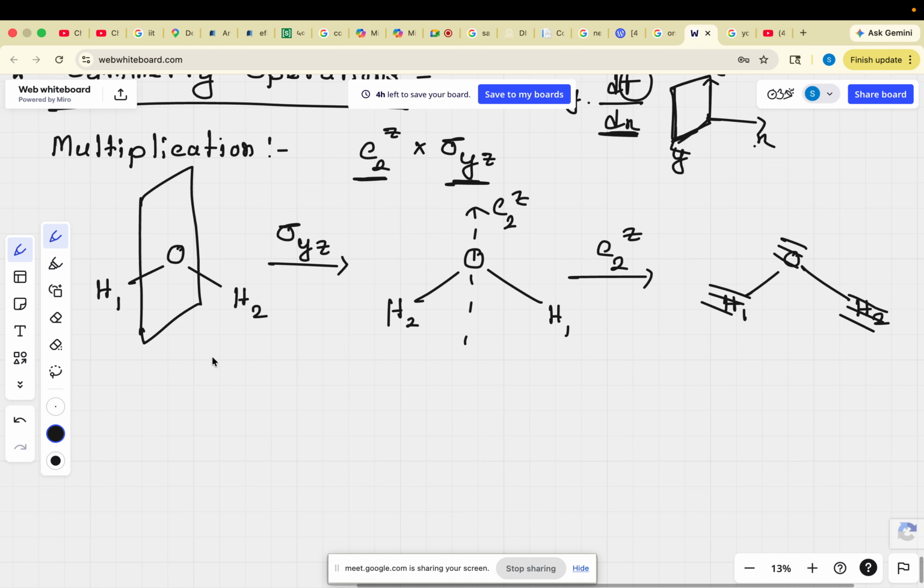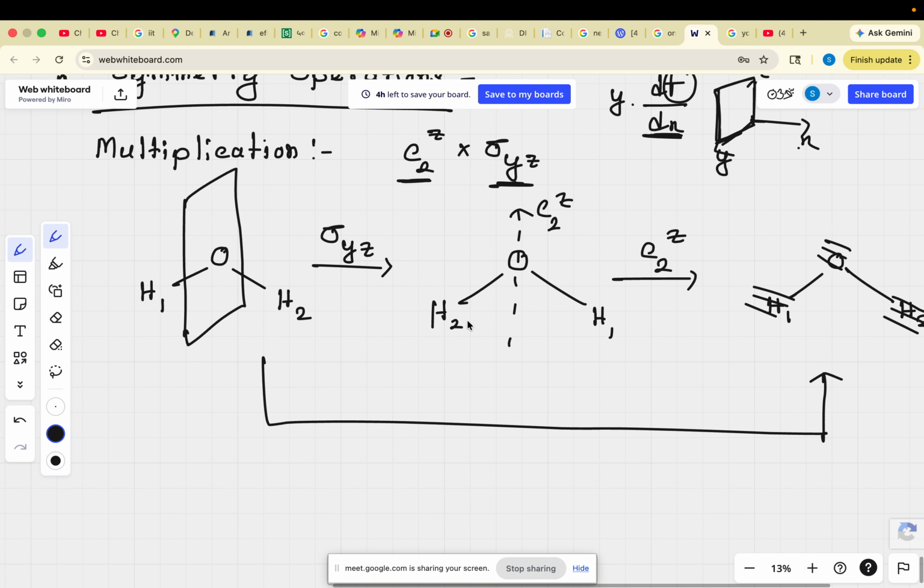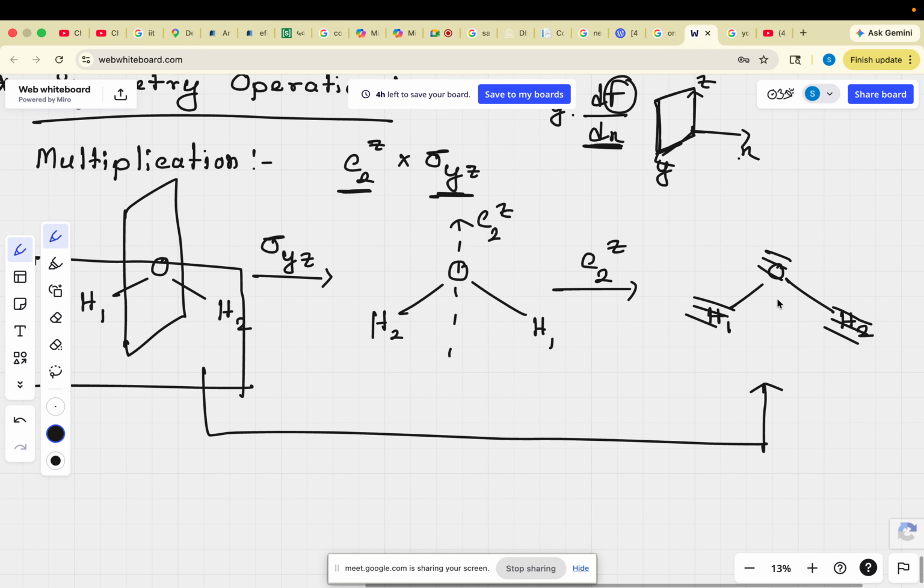Now can you tell me, is there any other method by which I can get this back face directly? Suppose I want to convert this molecule into the back face. Is it possible? Possible, right? How can you do it? You can keep a mirror in front of this molecule. If I place a mirror in front of this molecule, automatically you will get the back face of the molecule, right?